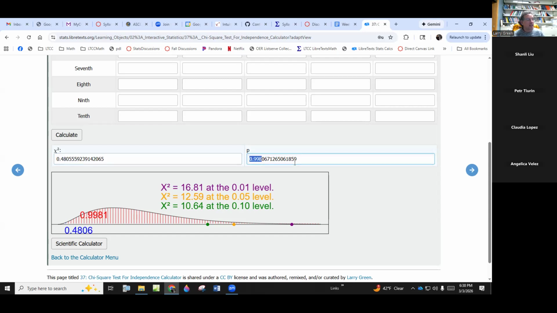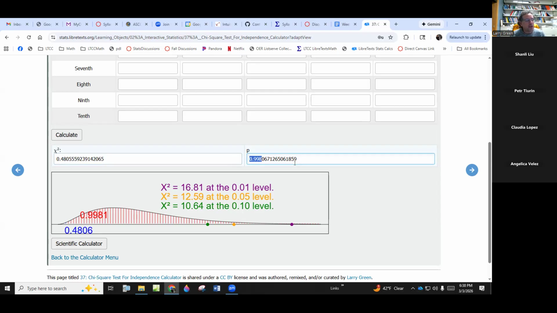I made this somewhat realistic. If a p-value is 0.998, what does that tell you? Yeah, it's fail to reject, and there's no chance.